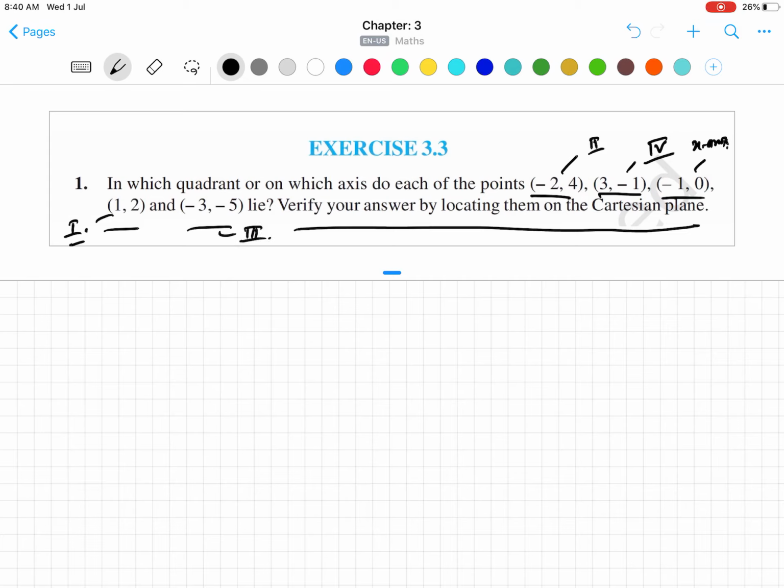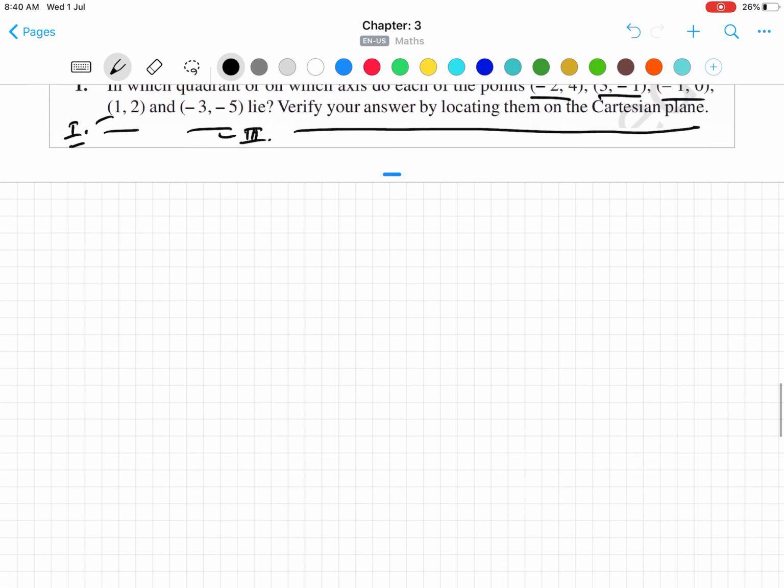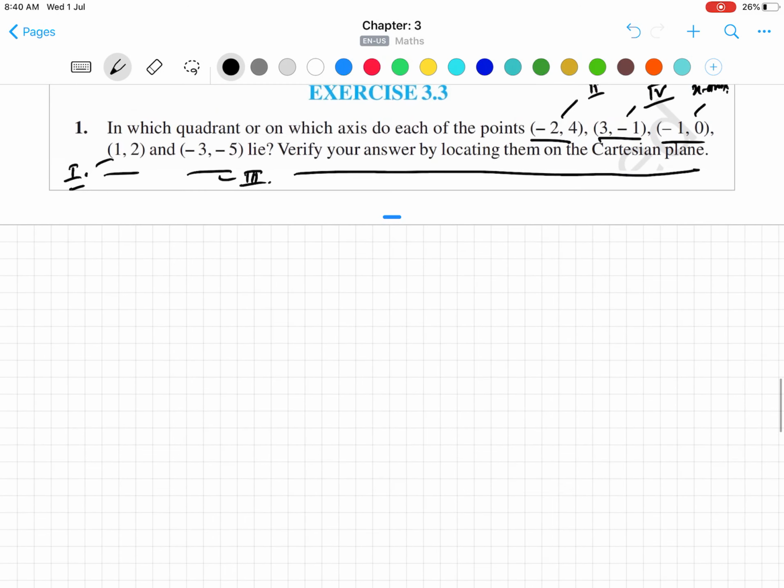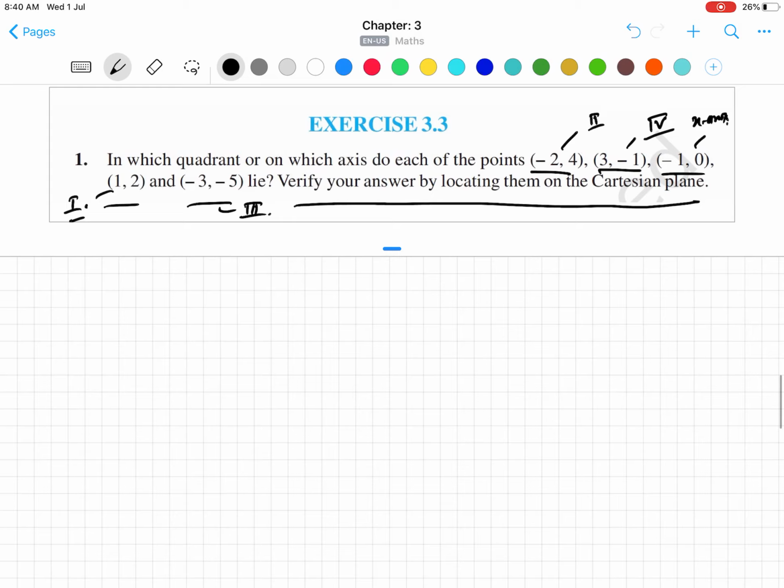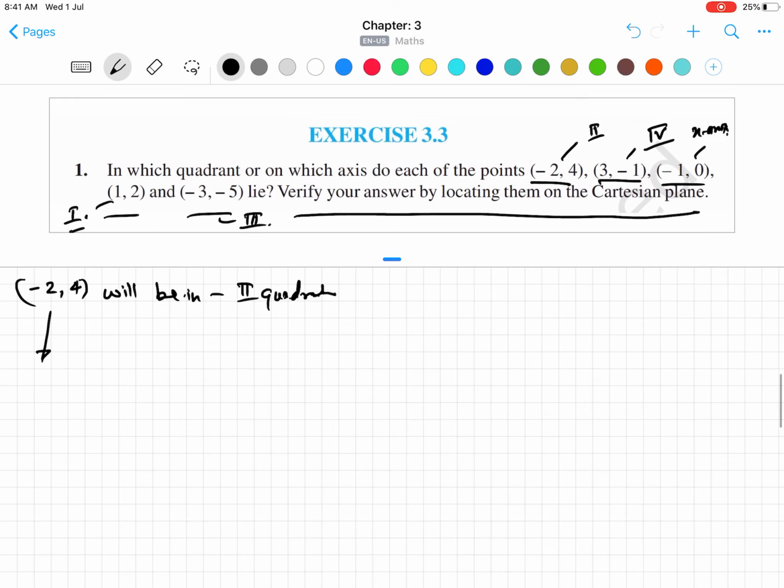Now we'll verify them by plotting on the graph paper. You have to write in your notebook that the point (-2, 4) will be in the second quadrant. You have to write it for all the points.